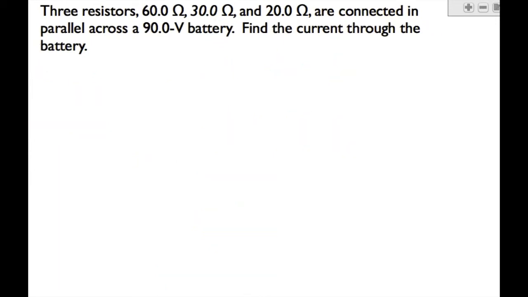Now, if I wanted to find the current that's actually going through the battery, I can do that. Okay, so I have my equivalent resistance, which was 10 ohms. I have my battery with a voltage of 90 volts, and then I want to find the current.